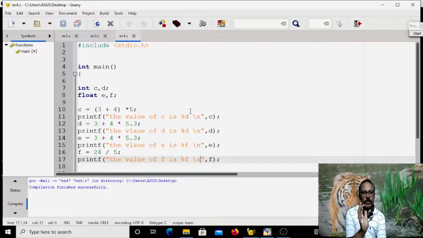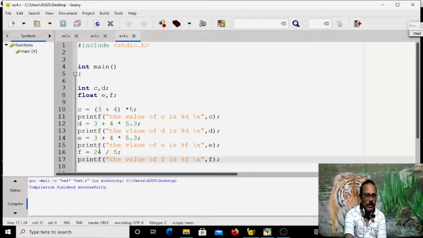Whenever you divide in the computer, you get two things actually: quotient and remainder. So when you use this slash operator, you will get only the quotient part.